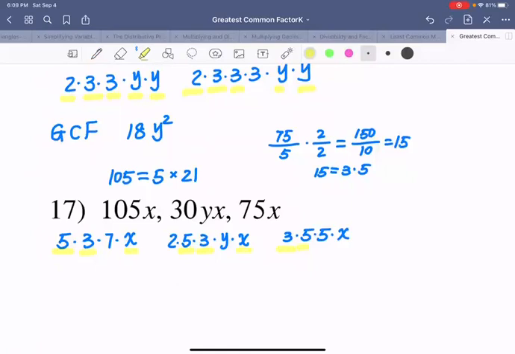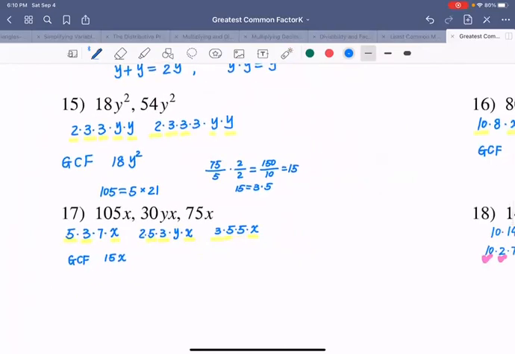There you go. So GCF is 15 times x. Awesome. Good job. Next one.